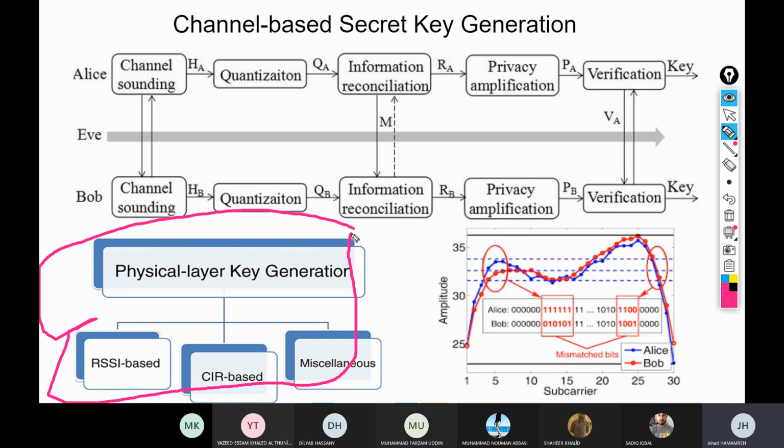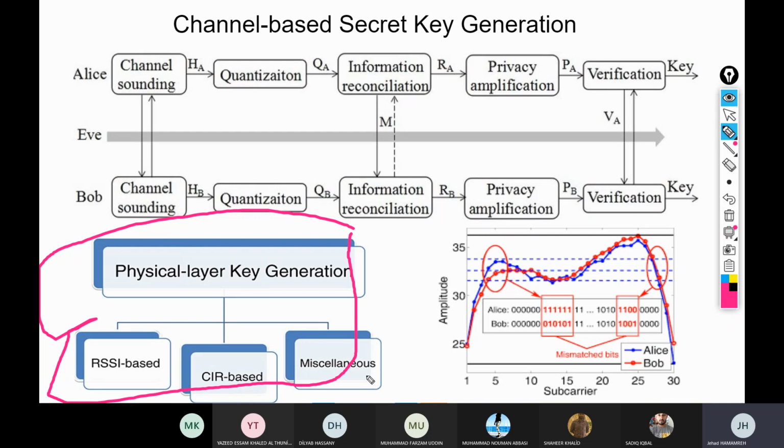You can exploit channel impulse response, and this can be amplitude or phase or both, or angle of arrival, or miscellaneous, like different combinations of both, or new things like the index of the subcarriers which correspond to the best channels, or the number of the subcarriers which correspond to the lowest channels. Any feature that you see is providing randomness, you can exploit it and according to it extract random sequence bits.